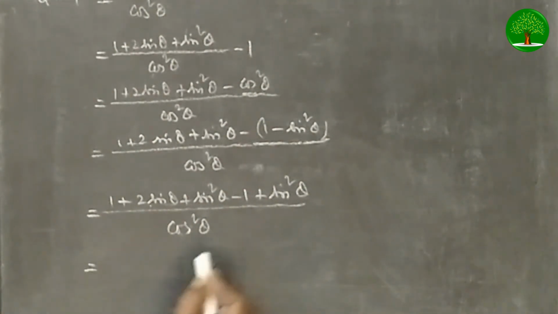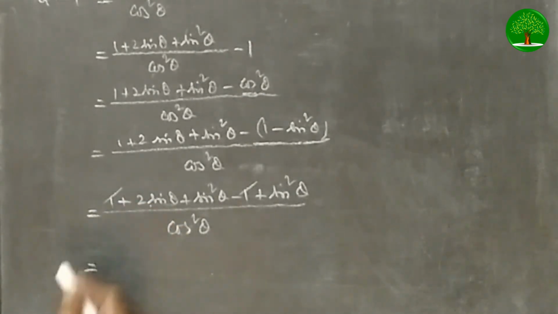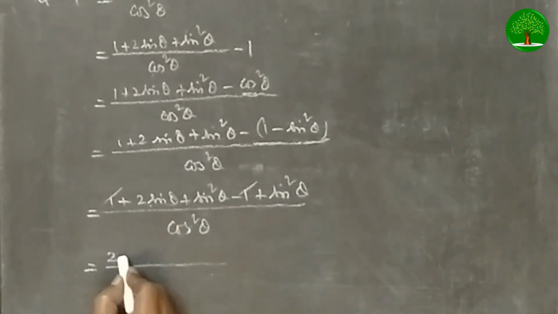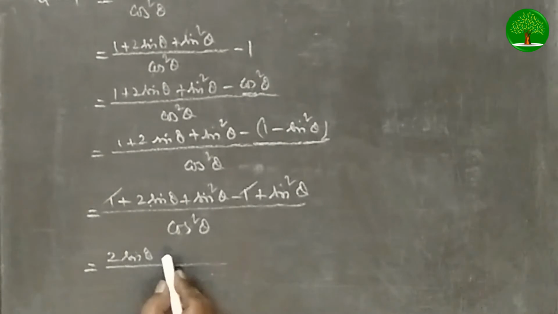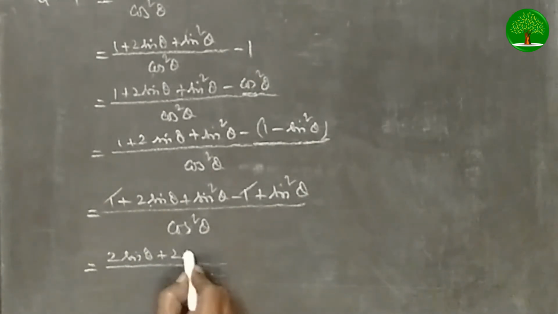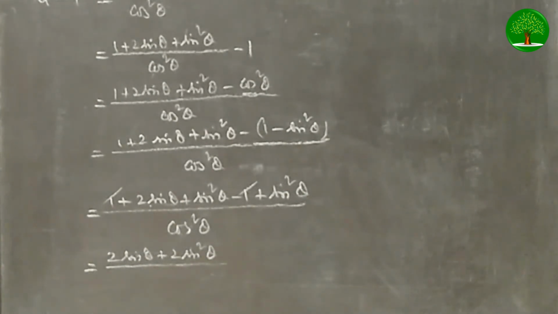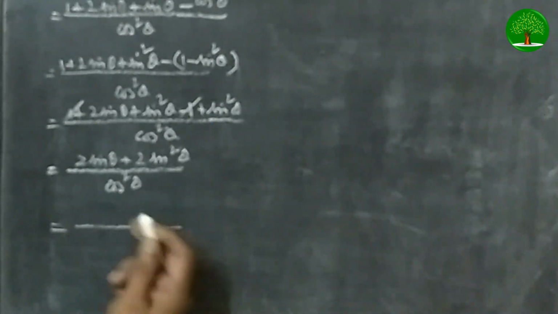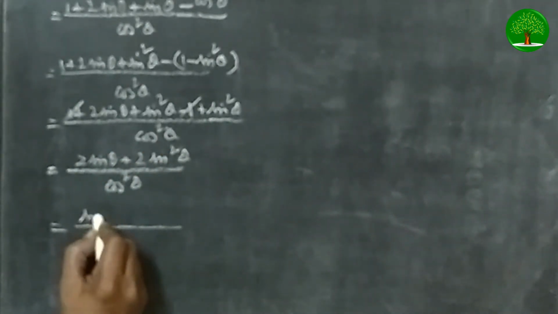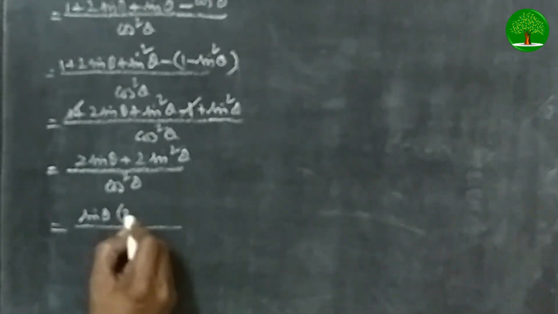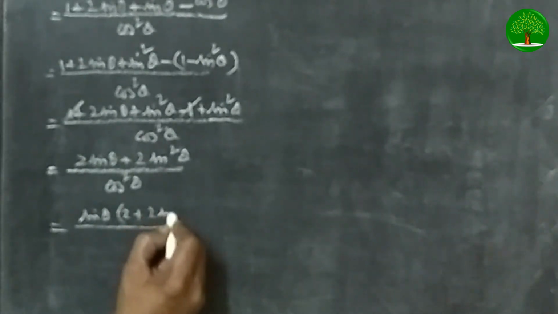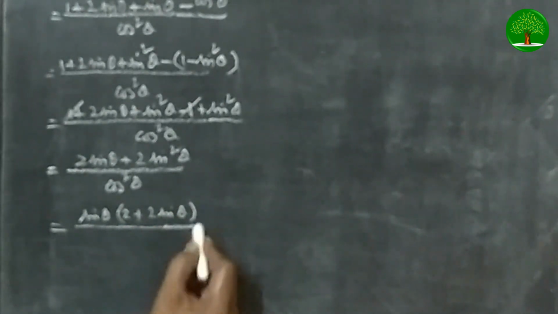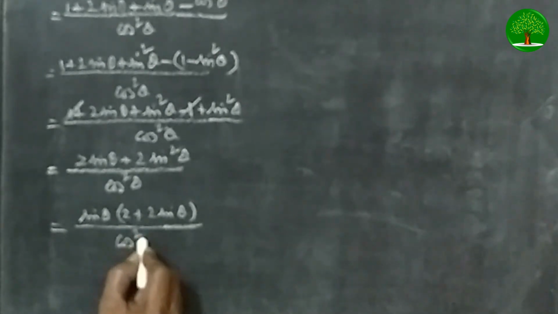Minus 1 plus 1 get cancelled, 2 sin theta plus 2 sin square theta by cos square theta. Here sin theta is common, take 2 plus 2 sin theta by cos square theta.